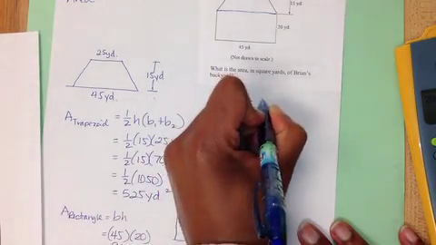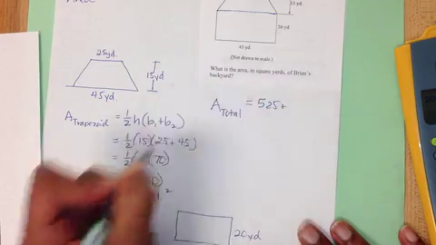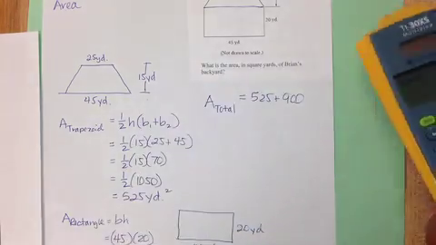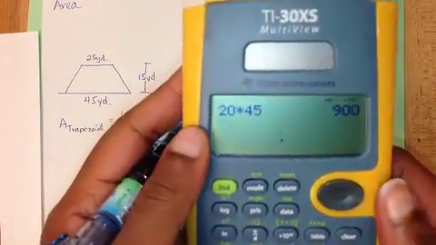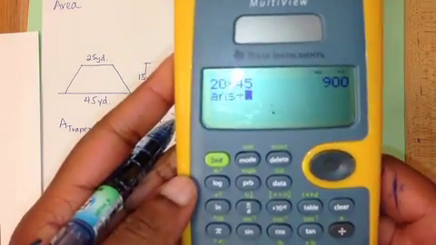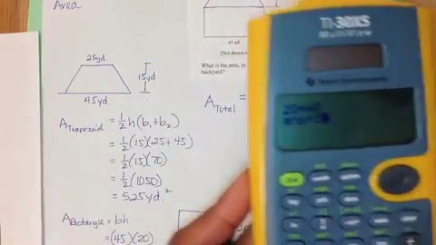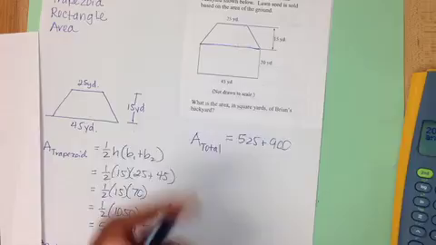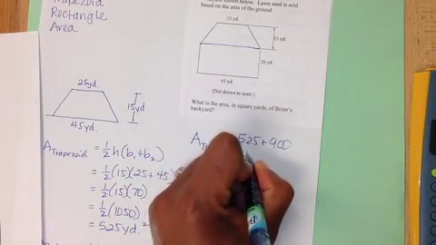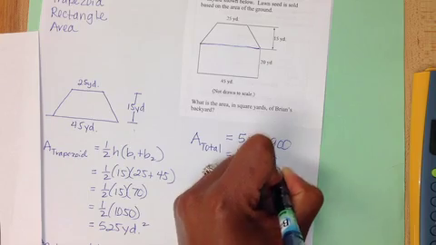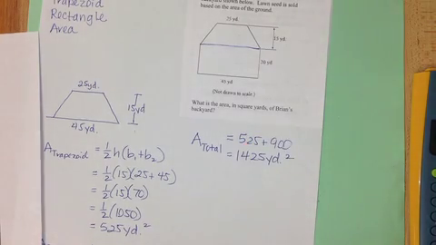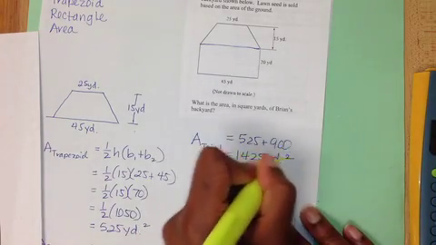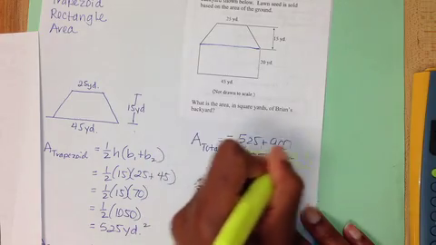So the first area that I had was 525, and the second area that I had here was 900. So we can refer back to our calculator. 900 is already in there, and we can just add 525, and that gives us 1,425. So we have 1,425, remember your units, yards squared. And that is our final answer for this problem.